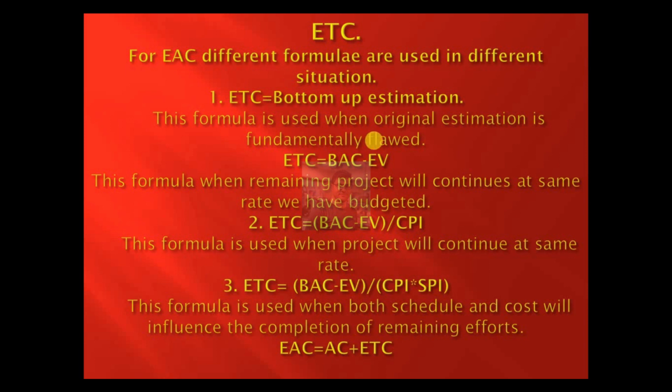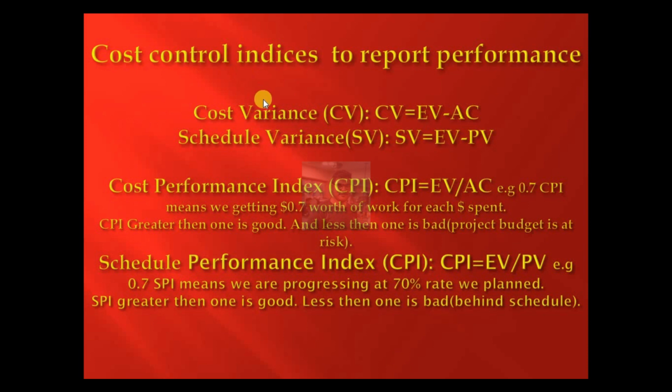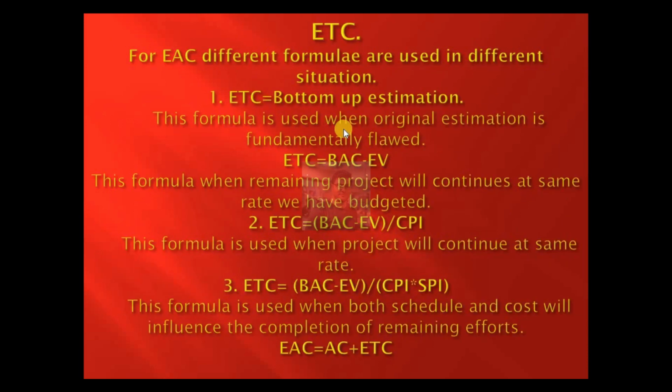There were many flaws in our estimation, and we have rejected that estimation. Then we will re-estimate our cost for the remaining work. In that case, estimate to complete means that you have to re-estimate your project.